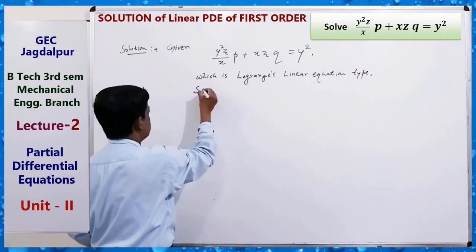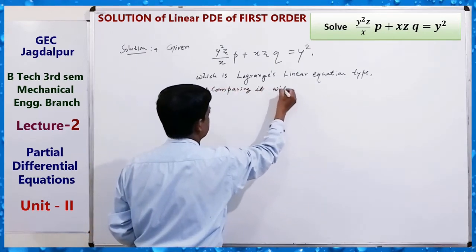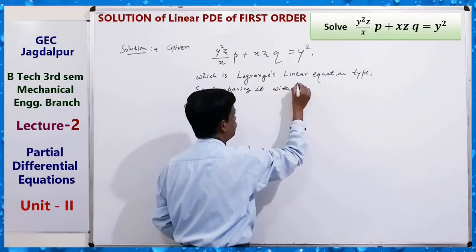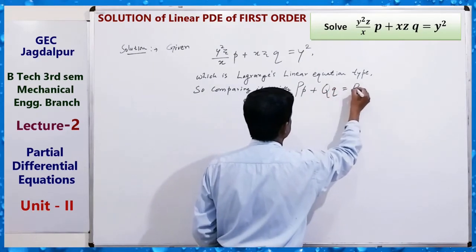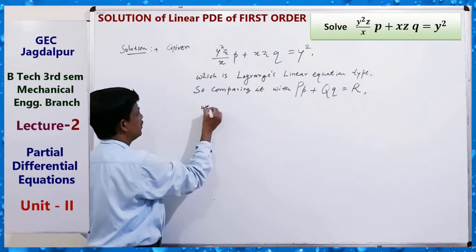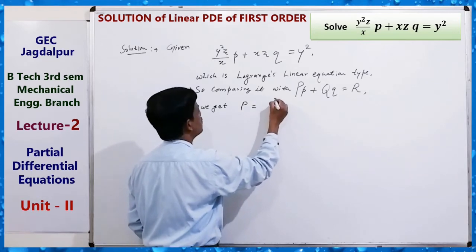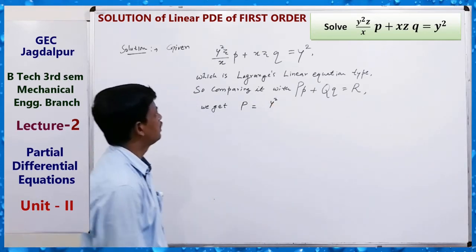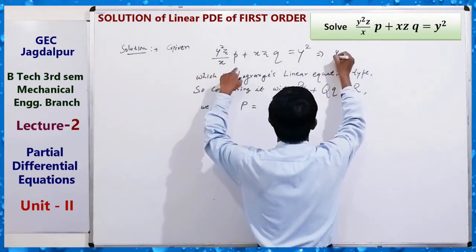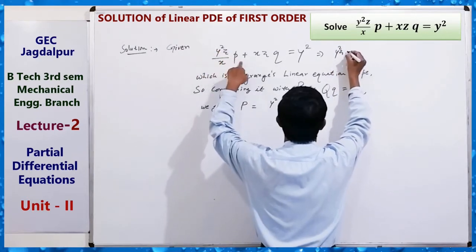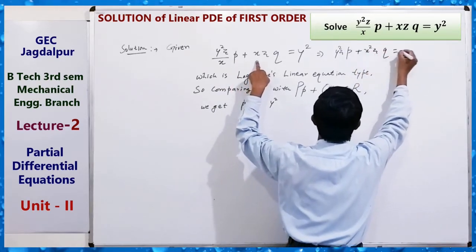Comparing it with P p plus Q q equals R, we get P equals y square. Simplifying it, y square z p plus x square z q equals x y square.